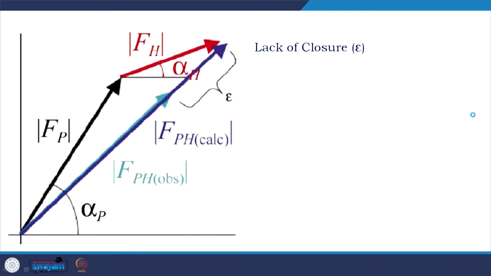Now, we consider epsilon as the lack of closure. If you see, the FH calculated is perfectly matching here, but the observed is up to here; the difference is the lack of closure.